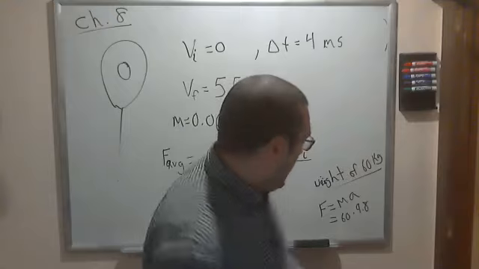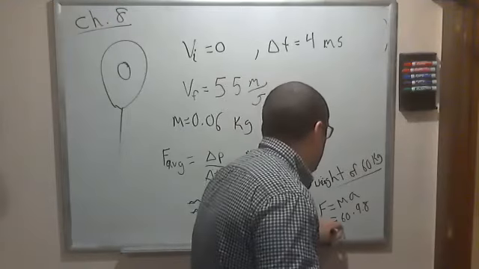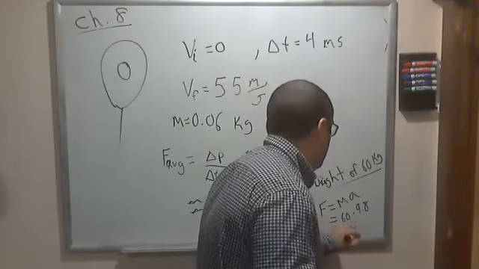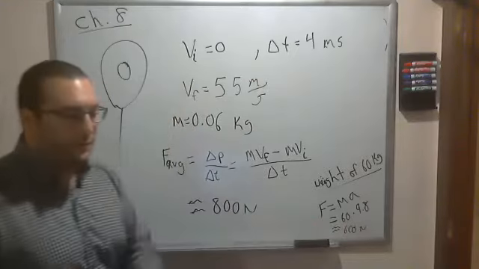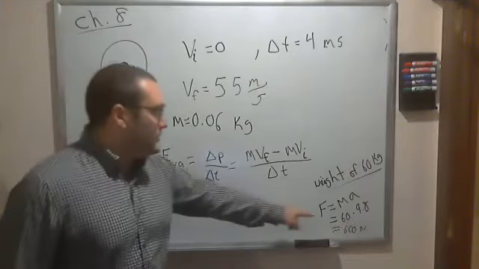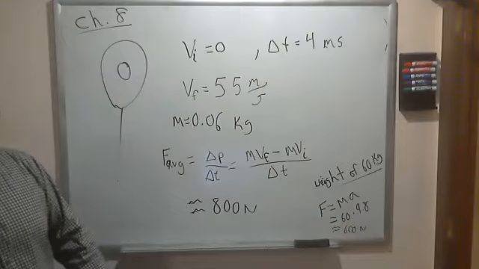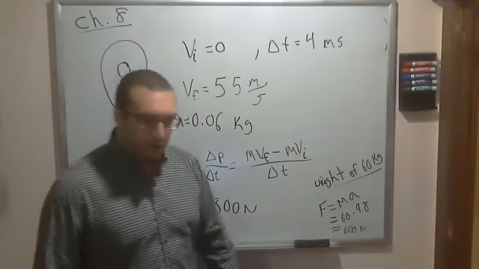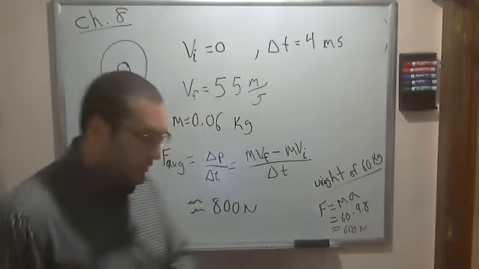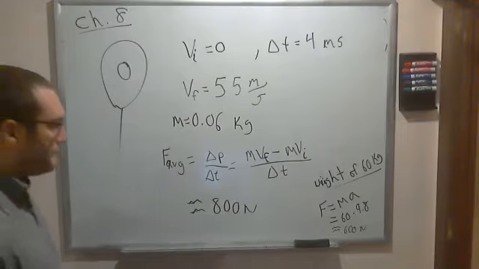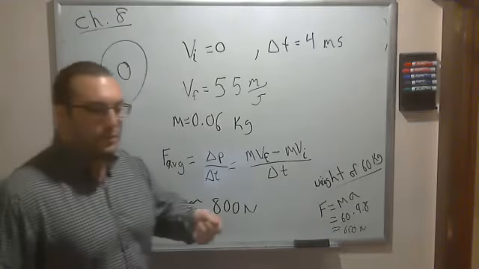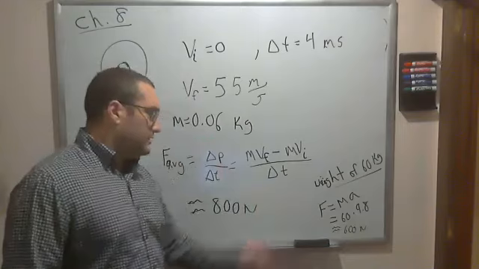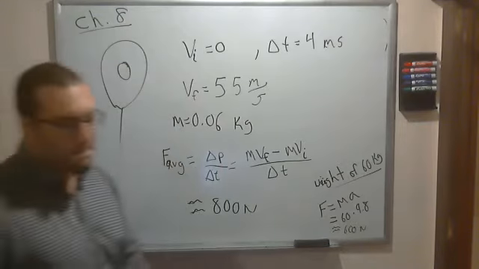And we find that it's a little less than 600 newtons. So the force that we apply to a tennis ball can lift up a 60 kilogram person, which is quite a large person, like 180 pounds. So the force that a tennis player hits a tennis ball with is enough to lift somebody up.